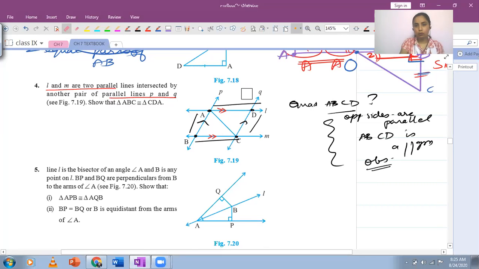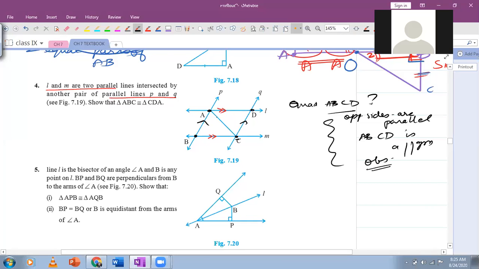Now, what we want to prove is that the triangles which are named in the question are congruent. So again, if you focus on this quadrilateral, the line segment that they have drawn, joining A and C, this actually is the diagonal. Am I correct? Yes, ma'am.